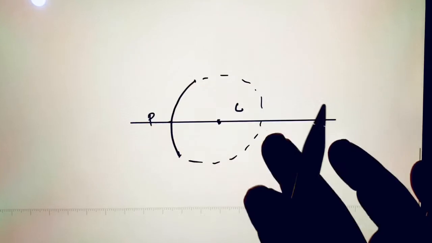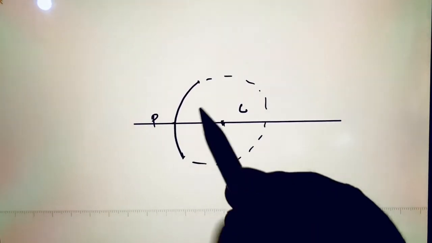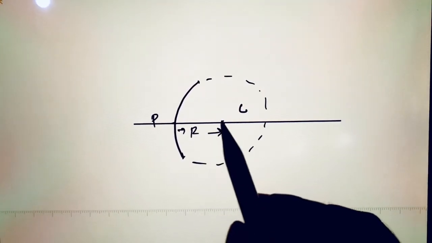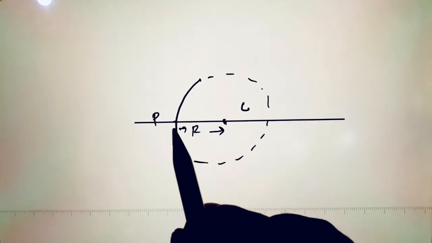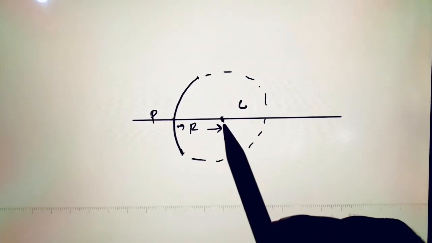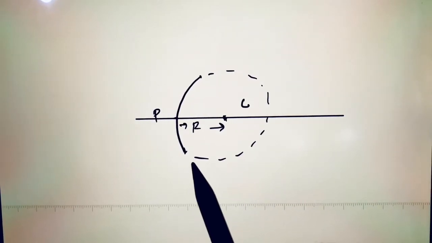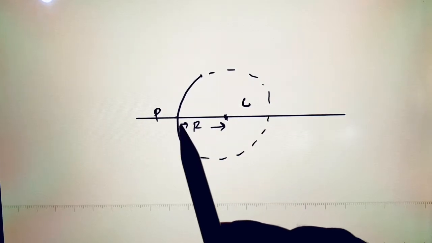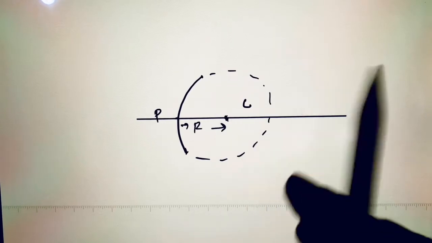So this is the pole, the center of curvature, and the radius of that imaginary sphere of which the mirror is a part is the radius of curvature. Here we have these three things. We have the pole, which is the center of the reflecting surface. We have the center of curvature, which is the center of the imaginary sphere of which the mirror is a part, and then the distance from the pole to the center of curvature, or the radius of that imaginary sphere, is the radius of curvature.